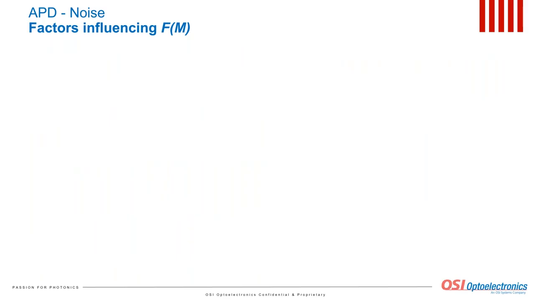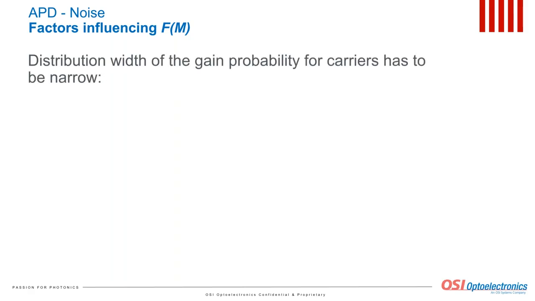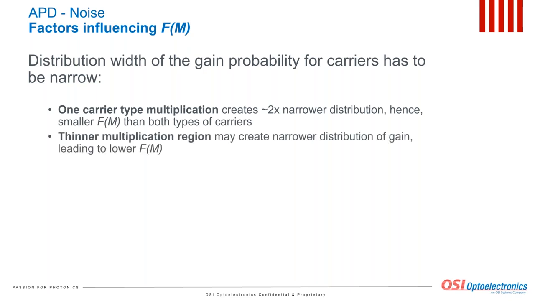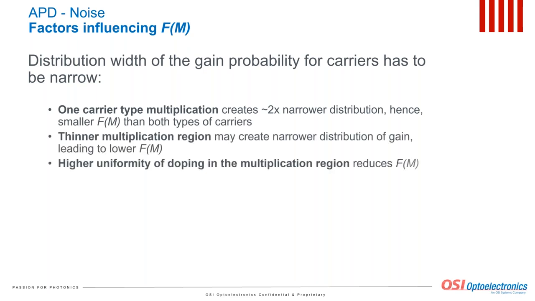And this is the main requirement for a good APD. How to make the excess noise factor smaller? Obviously, a wide distribution of carriers over their efficiency to create an avalanche produces large excess noise, leading to a very large value of the excess noise factor F. To reduce the F factor value, the distribution width of the gain probability for carriers has to be made narrower. This can be achieved using the following approaches. First, choosing the structure in which only one carrier type participates in multiplication.